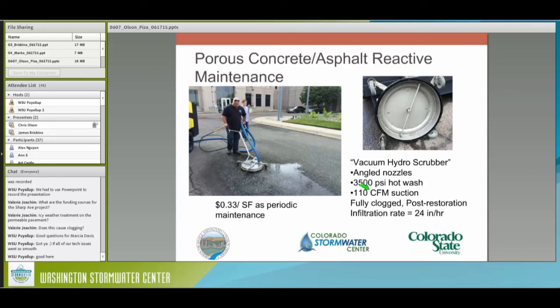It's hard to tell in this photo, but these jets that act to pressure wash the surface are actually at about a 45-degree angle. So it's not pressure washing directly straight down into the surface, but more at an angle to sort of dislodge the surface sediments. And this cost about 35 cents per square foot.